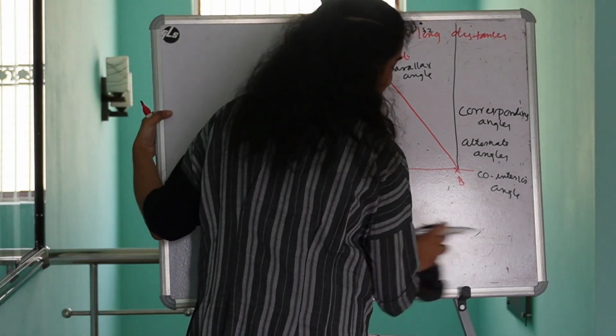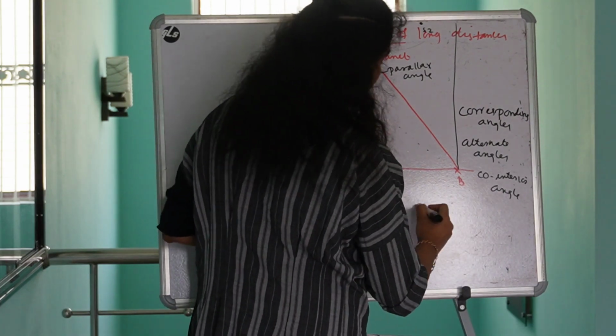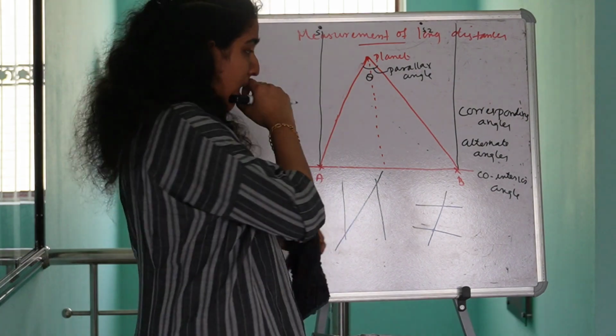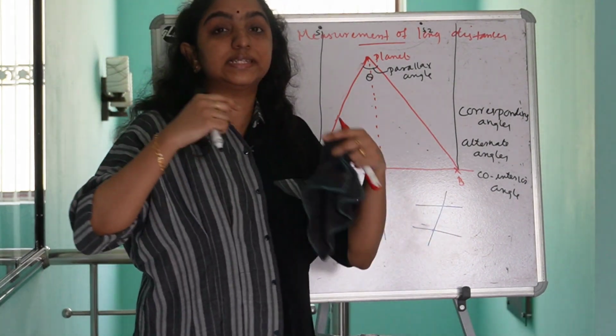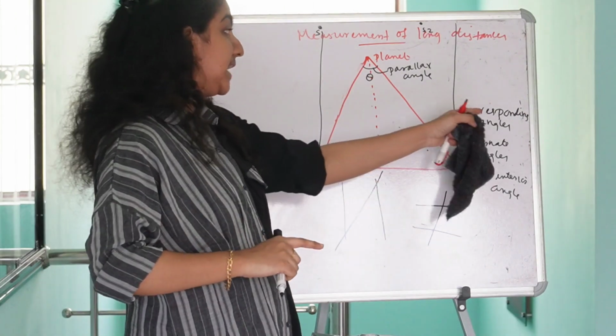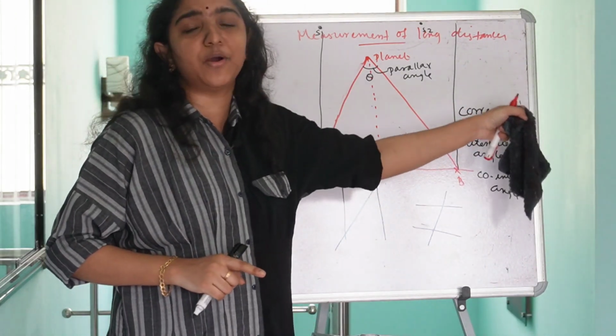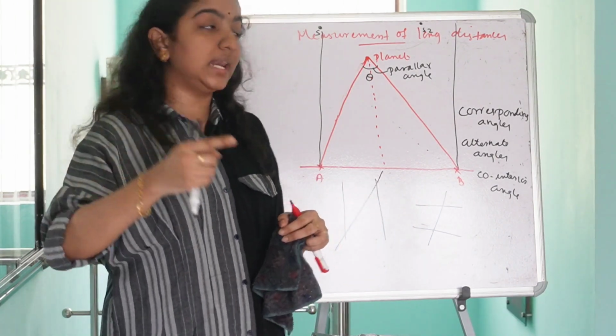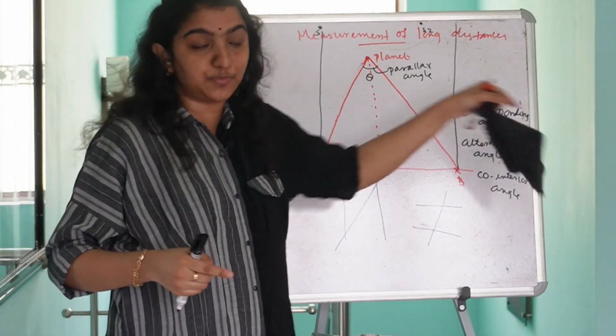Now, what are co-interior angles? Co-interior angles are nothing but angles formed at the same side of the transversal, not parallel lines. Here in the case, what are corresponding angles? When angles are formed at the same side of the parallel lines, we call such angles corresponding angles.